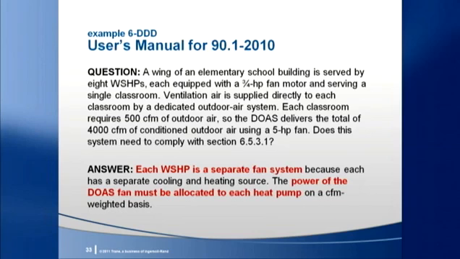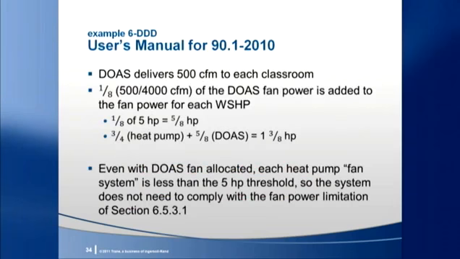And the power of the dedicated outdoor air system fan must be allocated to each of the heat pumps on a CFM weighted basis. So 1/8 of the 5 horsepower fan in the dedicated outdoor air unit is added to the fan horsepower of each water source heat pump. When we do this, the total horsepower for each fan system is 1 3/8.